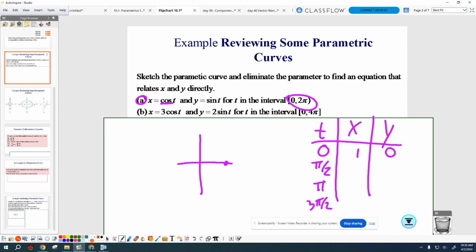All right. Amelia, pi over 2. What is cosine of pi over 2? 0. And what is sine of pi over 2? 1. And again, I'm not plotting pi over 2. That was time. I'm going to plot the coordinate 0, 1. All right. Nick, cosine of pi. That's -1.